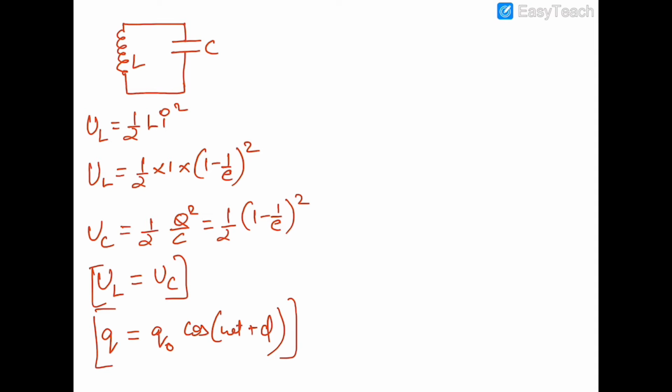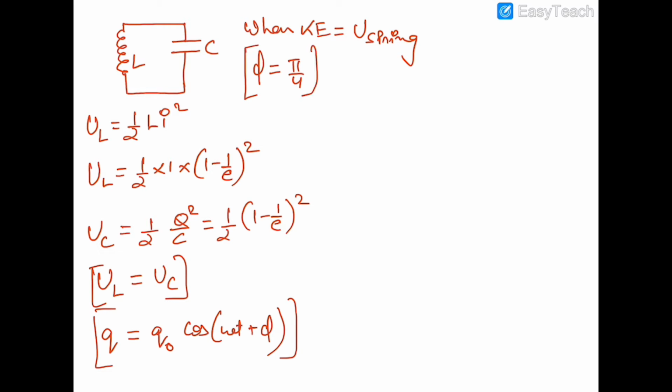Now we can see that if we compare it with a spring block problem, then the moment at which the energy stored in the block in the form of kinetic energy and the energy stored in the spring are equal, at that moment the phase phi is equal to pi by 4.